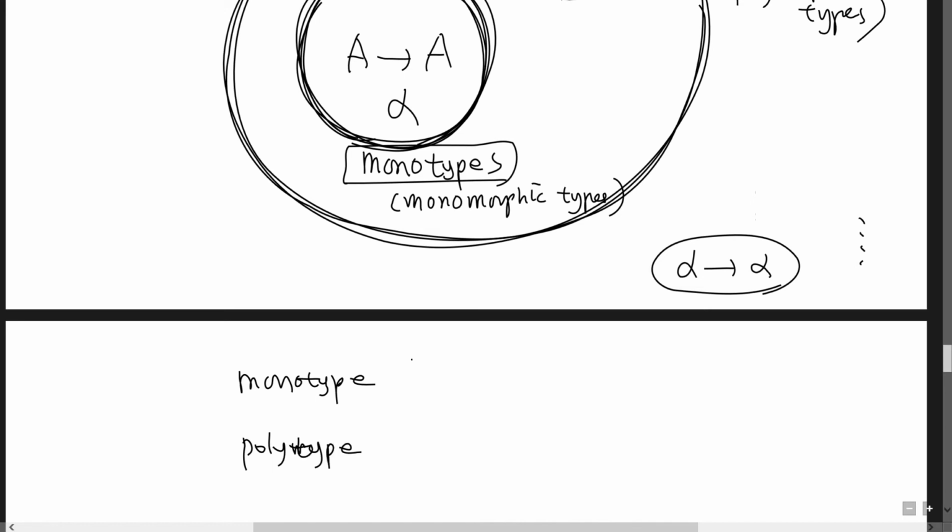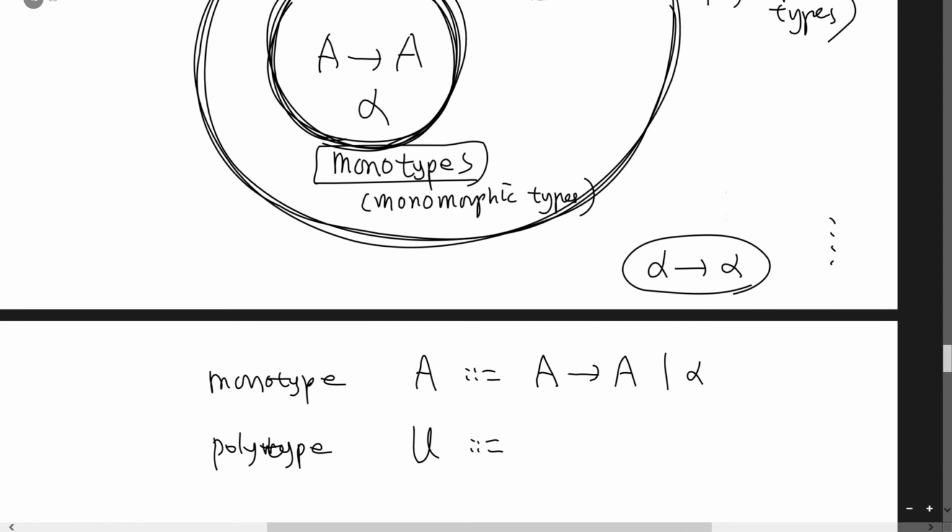Let's use metavariable A for monotype. It has this function type and type variable. And for polytypes, we use this metavariable U. It must start with for all alpha, this type quantifier, and then it's followed by U. And if it does not start with this type quantifier, it must be a monotype.